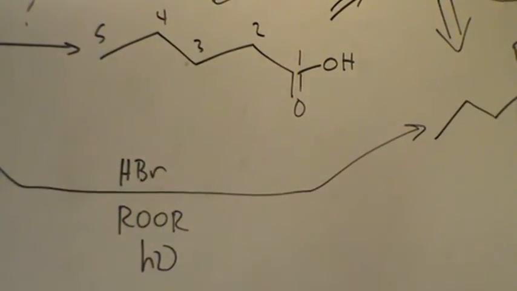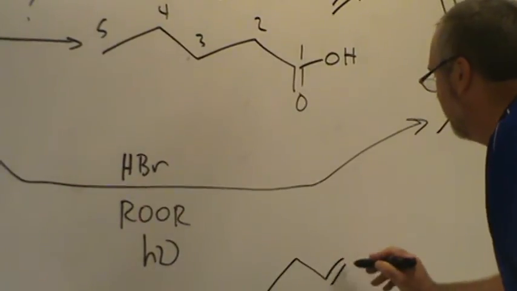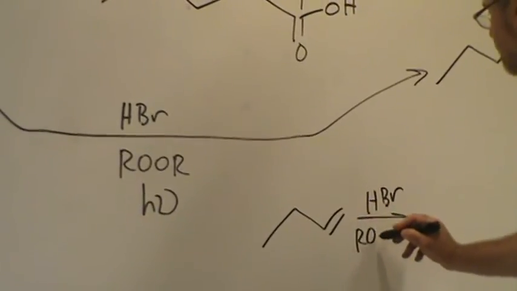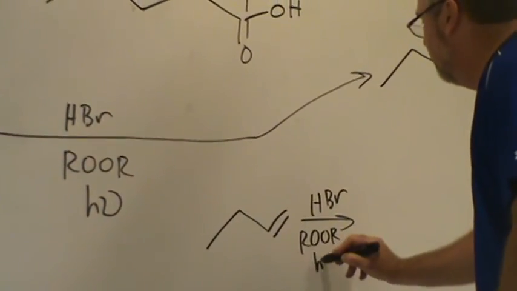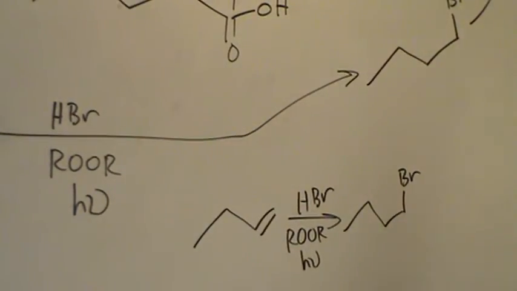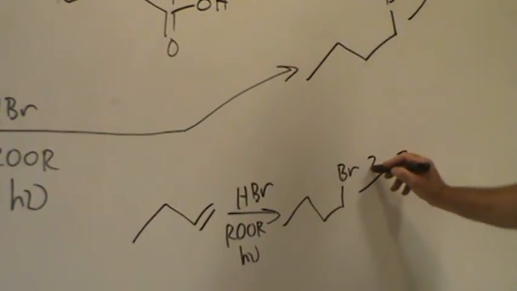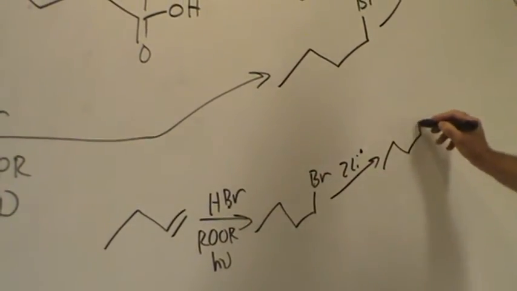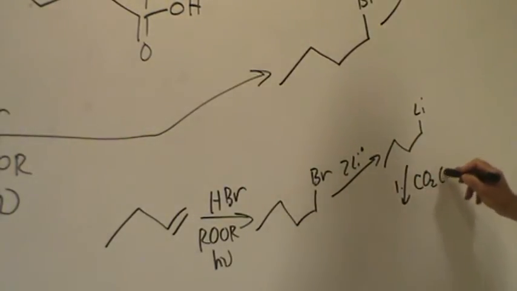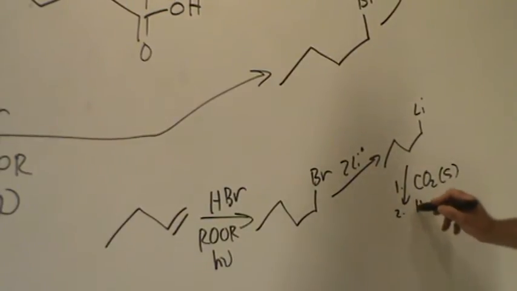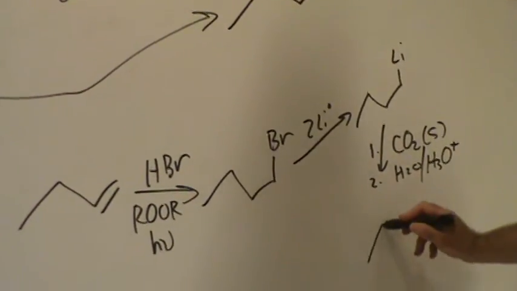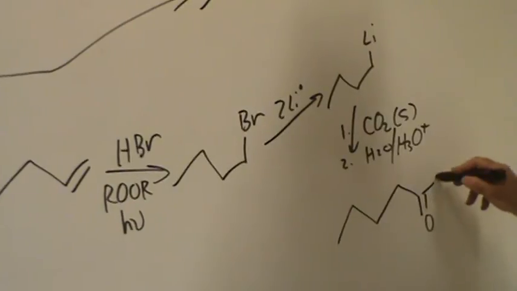I've now defined the synthesis. I'll sort of shortcut it over here so that you can see it entirely in a forward direction. HBr, peroxide, and some light or heat will give me the anti-Markovnikov 1-bromobutane, which can then be converted to the corresponding 4-carbon organolithium, which can then be reacted in a first step with solid CO2, and in a second step H2O, H3O plus, to give me a 5-carbon carboxylic acid.